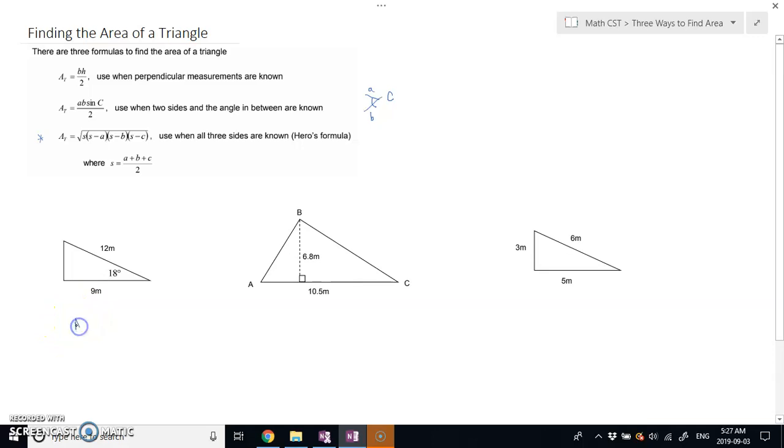So to find the area here, I'm going to use that. The area of a triangle is ab sine of C over 2. Now you don't have to worry about the letters of the alphabet so much, but lowercase a and b, and all lowercase letters for triangles, are sides, and the capital C refers to the angle between those 2 sides. So here we go.